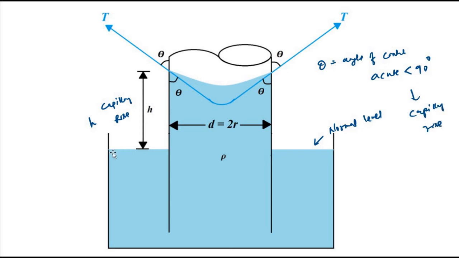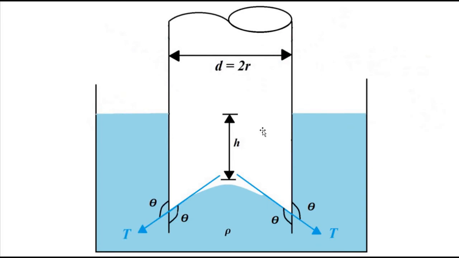This is the first case. Then in the second case, same diameter equals 2r, where r is the radius, d is the diameter. Here angle of contact theta is greater than 90 degree, obtuse, and therefore there is a capillary fall of liquid in the tube below the normal level of liquid.